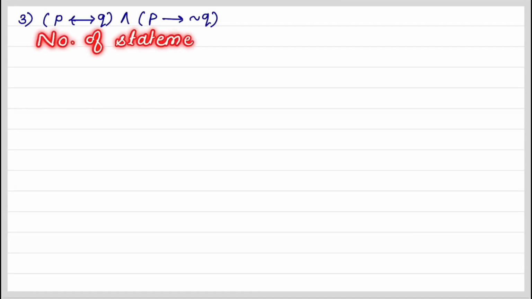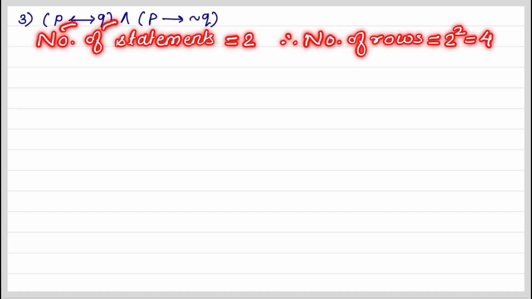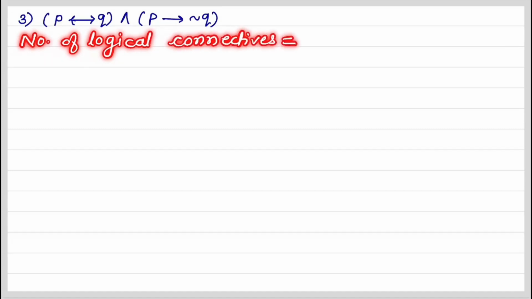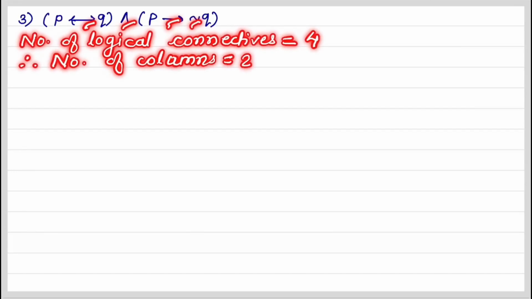Third one, P double implies Q and P implies negation of Q. How many statements? 2 statements. That means number of rows is equal to 4. And how many logical connectives? See, 1, 2, 3, 4. 4 logical connectives. That means number of columns is equal to 2 plus 4 is equal to 6.